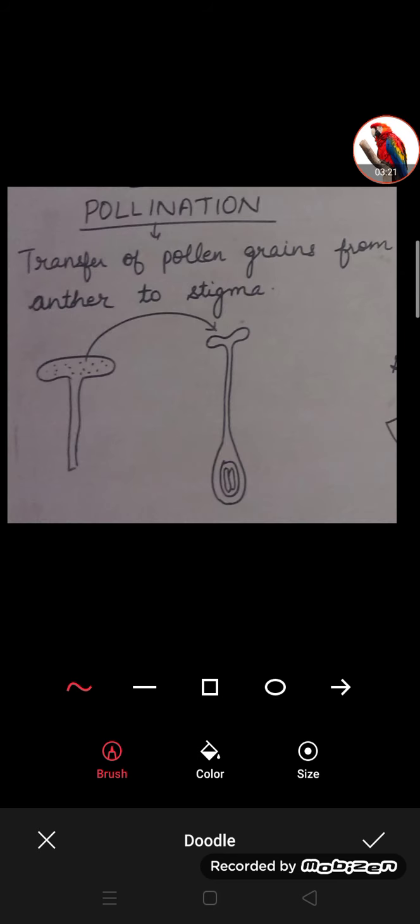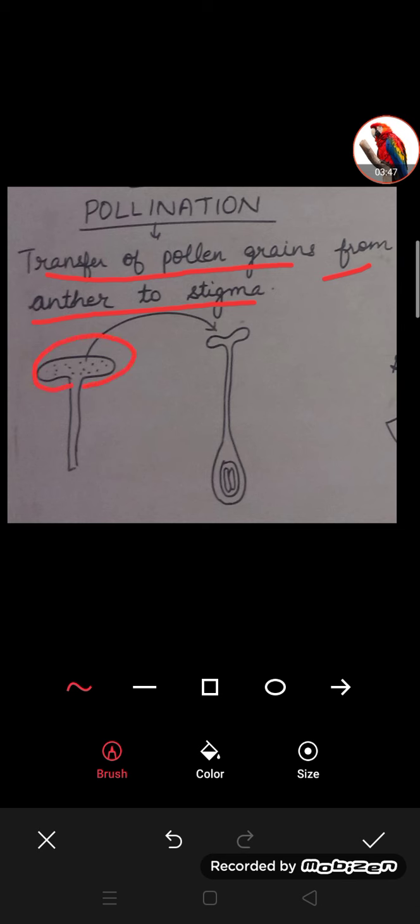So children, after knowing the different reproductive parts of a plant, it is necessary that we must know about pollination. So what is pollination? It is a process of transfer of pollen grains from anther to stigma. Children, we know that pollen grains are produced in this anther.